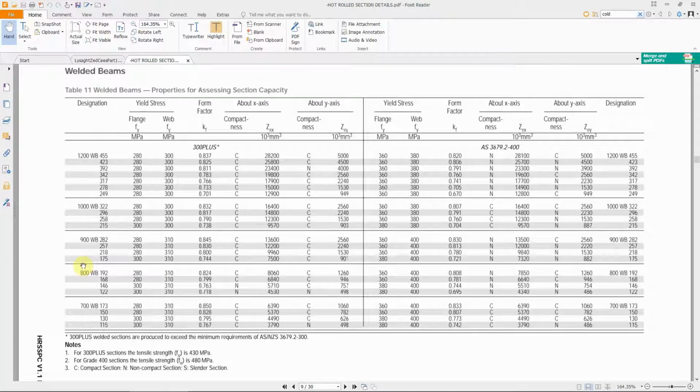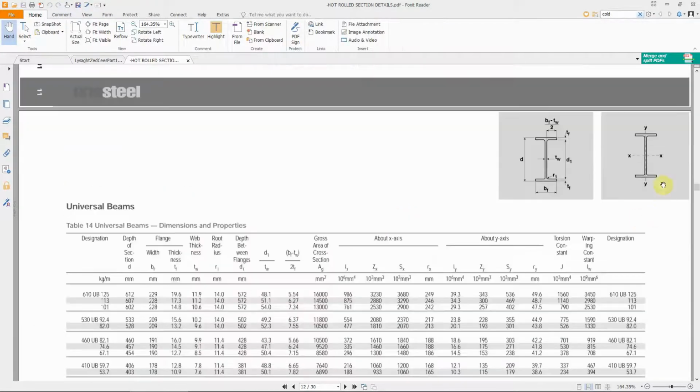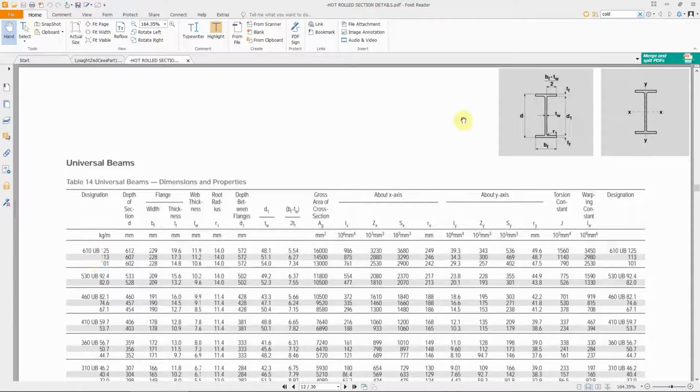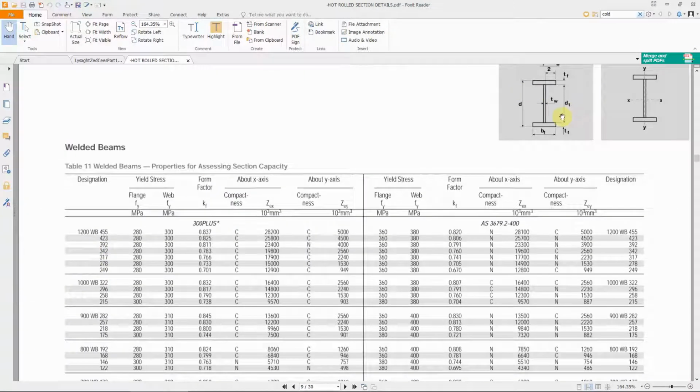Because the largest section in the universal beams, if I scroll down to universal beams, is 610 millimeters. That means the depth, if you look at D, is 612 millimeters maximum. If we need a stronger beam, and these beams can't do the job, that's where we start using the welded beams.